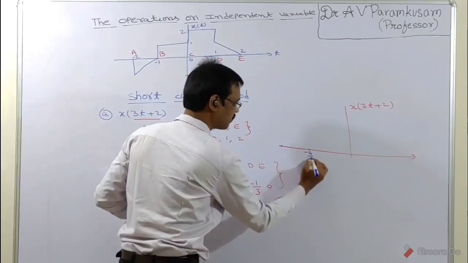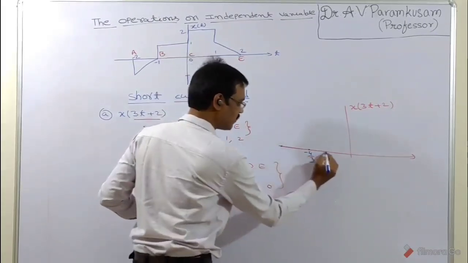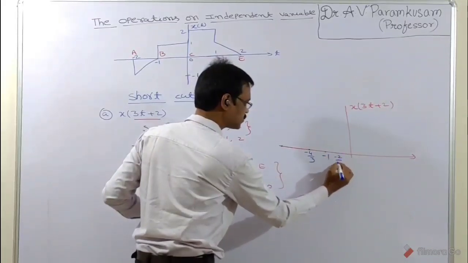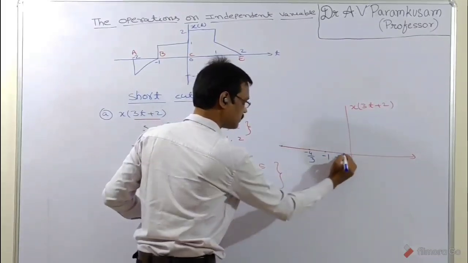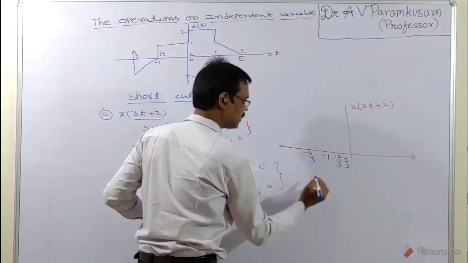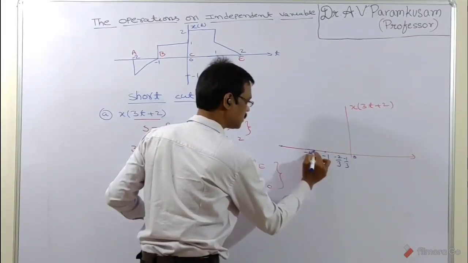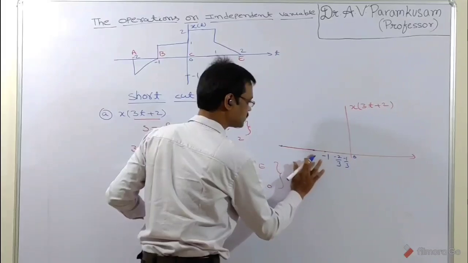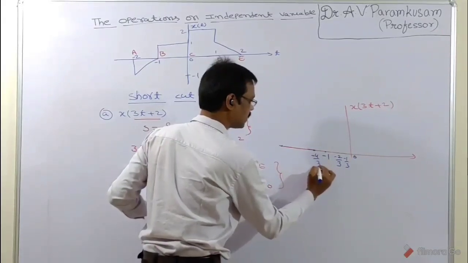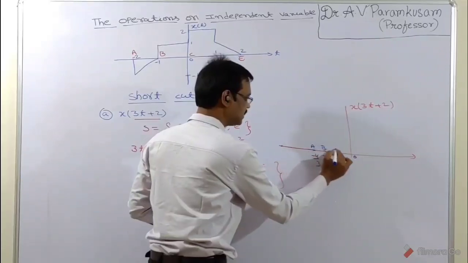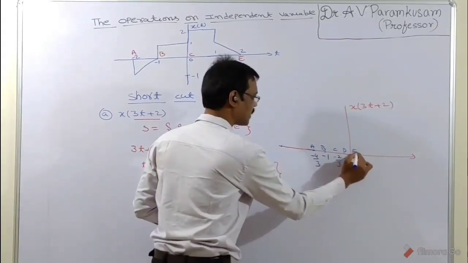Suppose this is -4 by 3, -1, -2 by 3, and this is -1 by 3, this is 0. These are the points A, B, C, D, E.